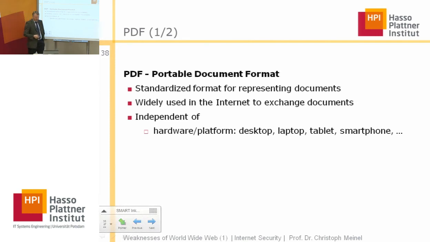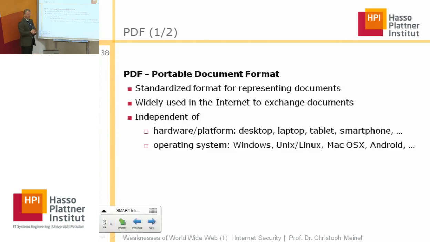PDF is independent from the hardware and the platform used. You can see PDF on your desktop, on your laptop, on the tablet, on the smartphone. So it's really globally available, and this, we will see, makes it dangerous.